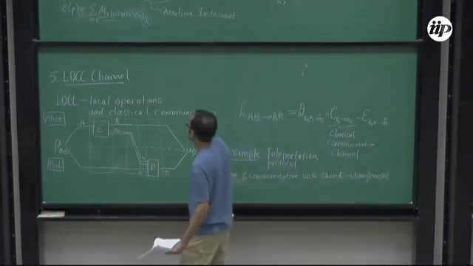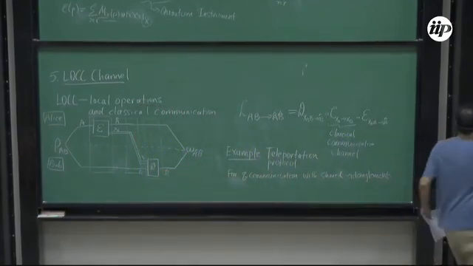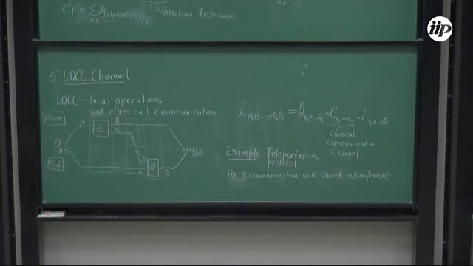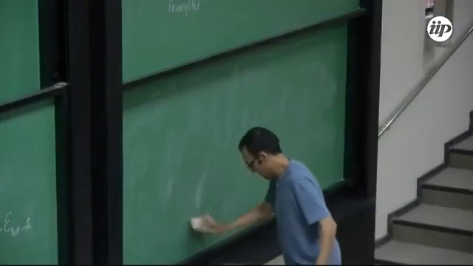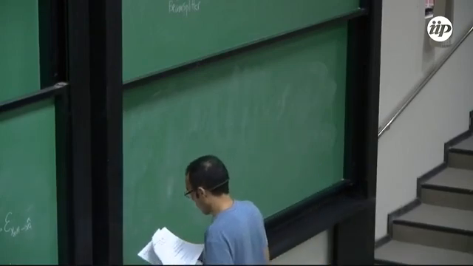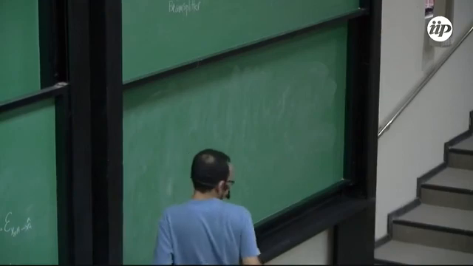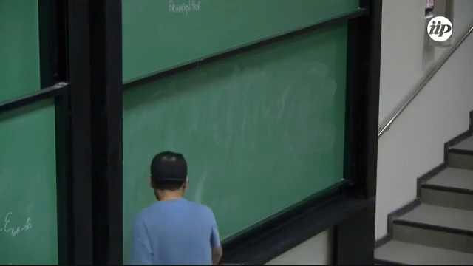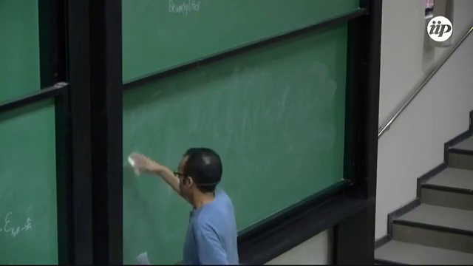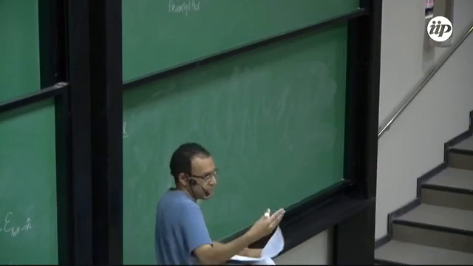Okay, so I'll quickly sketch this, but we'll go through the details next time. But let me just quickly sketch it. So we again have Alice and Bob. Now the goal here is for Alice to transmit some quantum state from her lab to Bob's lab.